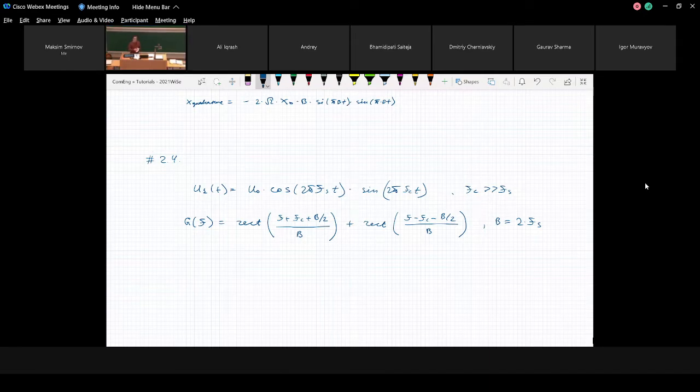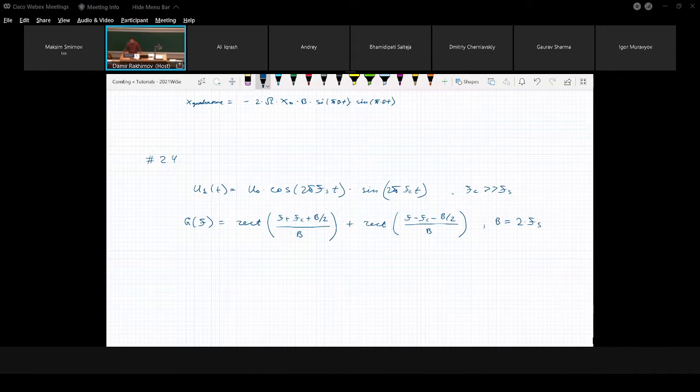If you think you know what we should do, you can also answer via WebEx. Yeah, probably the option is to go to the frequency domain, because we already have the transfer function there, and it's a rectangular pulse.